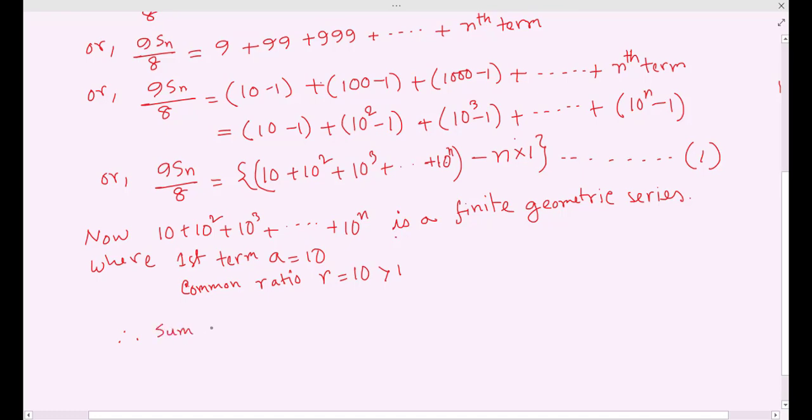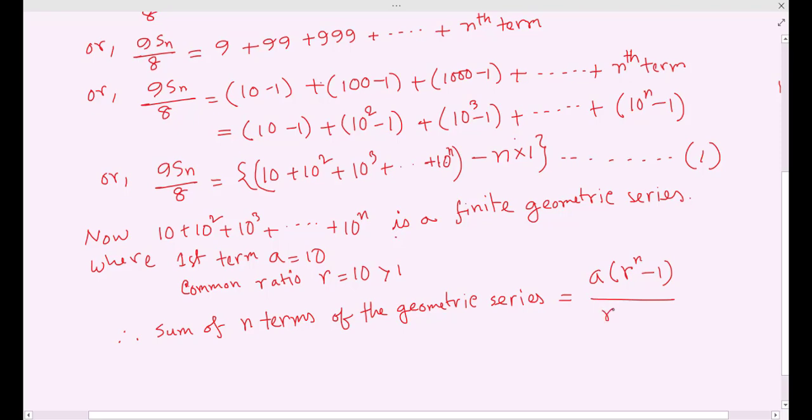the sum of n terms of the geometric series is equal to a times r to the power n minus 1 divided by r minus 1.